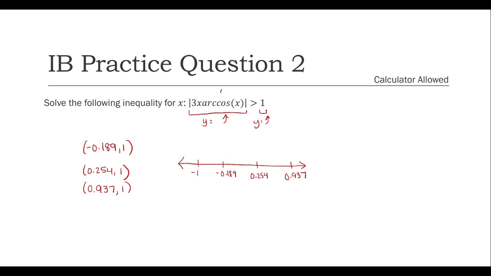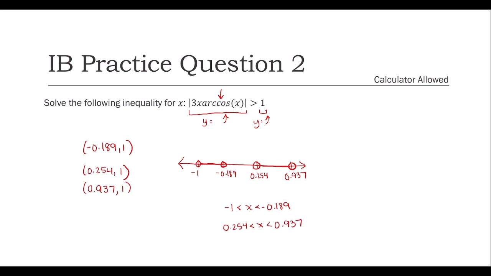Our absolute value of 3x arc cosine of x is above our line y equals 1, between negative 1 and negative 0.189, and between 0.254 and 0.937. So negative 1 is less than x is less than negative 0.189, and 0.254 is less than x is less than 0.937.